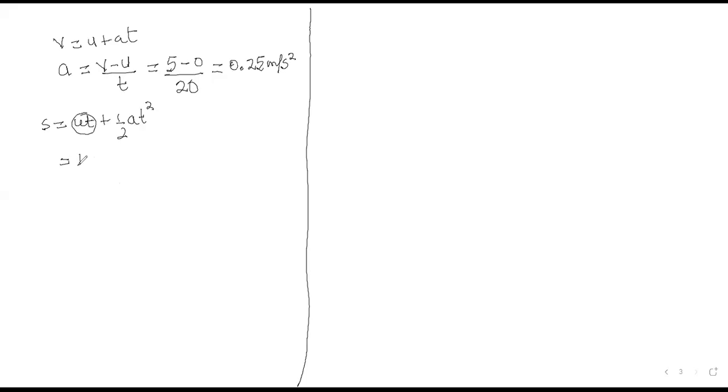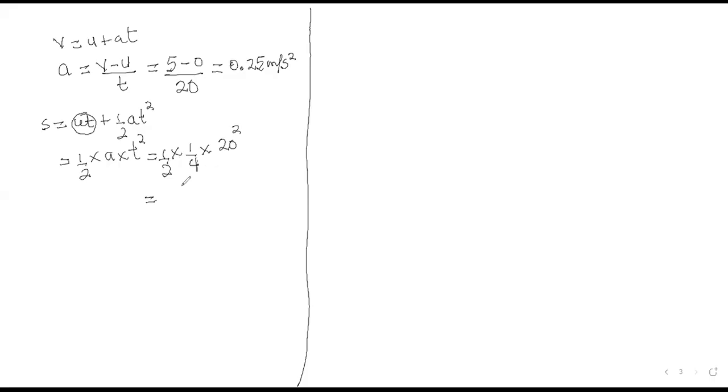So we have half times A times T squared. And so the total distance traveled during the first half is equal to, the acceleration is 1/4 or 0.25, the time used 20 seconds squared.